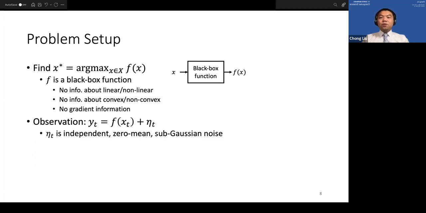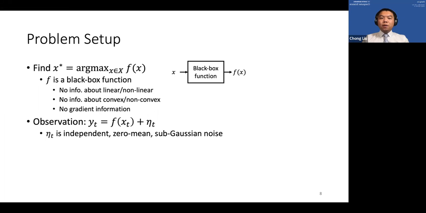But fortunately, we do have some observations. It is denoted by yt. It means that every time I query a data point at xt, here f(xt) is the true function value at xt, and my observation is noisy. Here eta t means a noise.